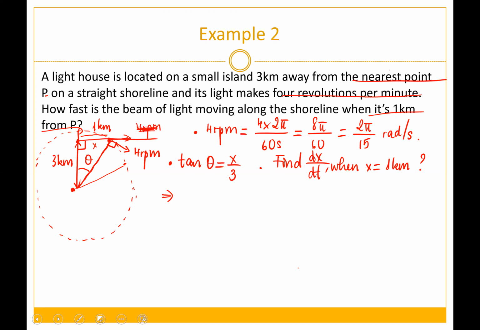And so here we have the derivative of tangent theta, which is secant squared theta, d theta over dt. Make sure you take care of the chain rule here because that angle is changing. Multiply dx over dt, multiply 1/3, because this tangent is x over 3.